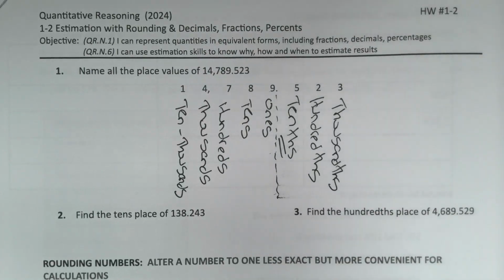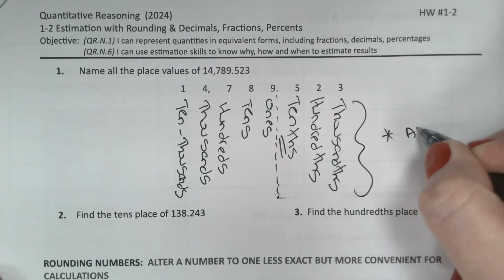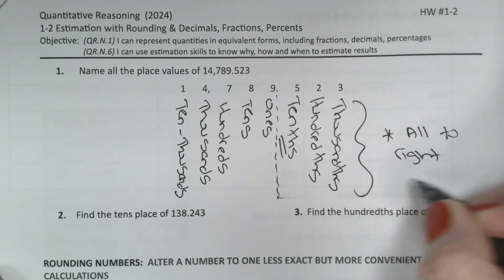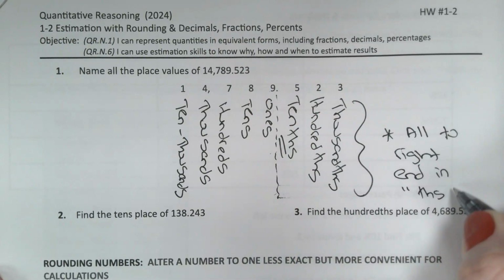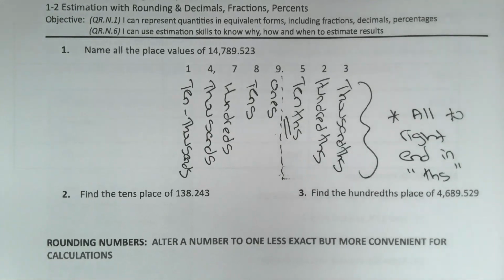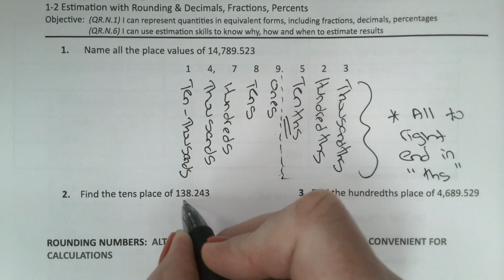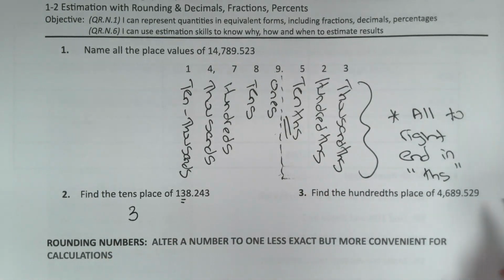All to the right and in THS. All right, so we would like to find the tens place, so that would be the 3 right there. Find the hundredths place, that's 2 over, that would be a 2.